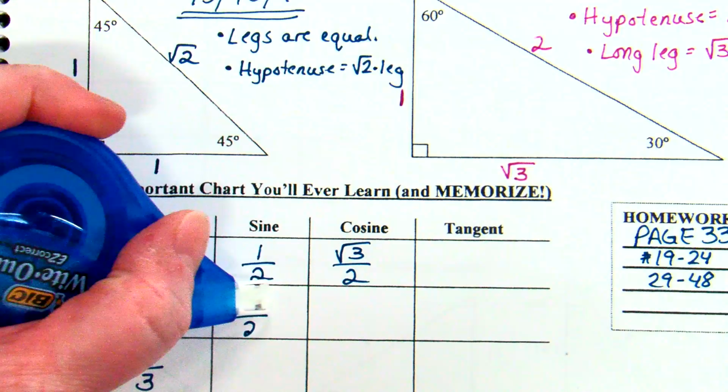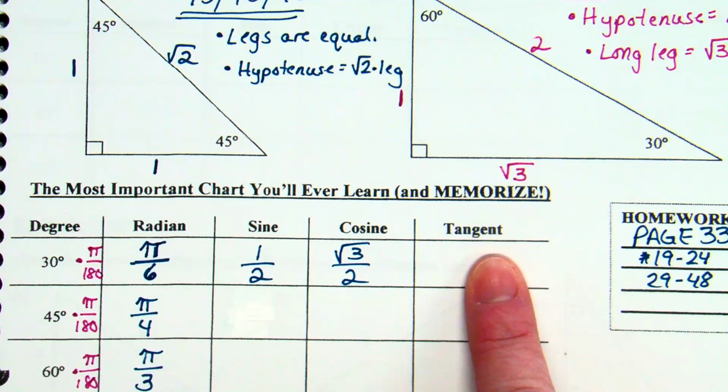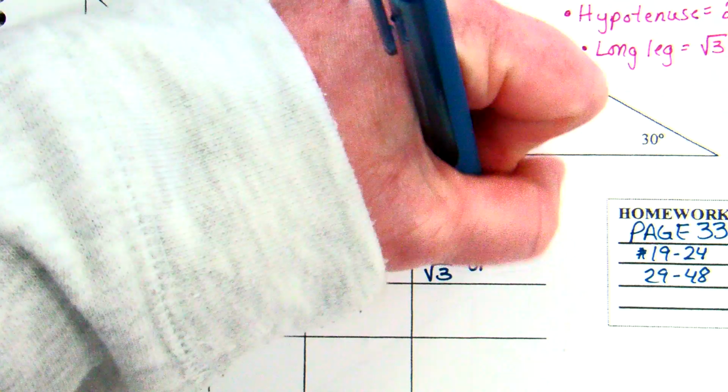Okay. So, you guys okay with that one? And then tangent. What do you know about tangent? SOHCAHTOA. Opposite over adjacent. What's opposite over adjacent? 1 over the square root of 3. Now, notice I did write 1 over square root of 3 in here. Or, what's another way to express 1 over square root of 3?